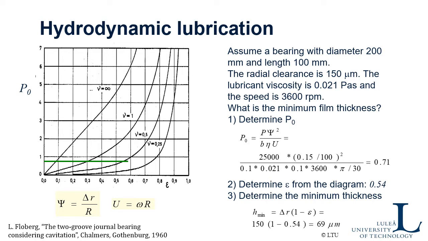Since we have a length to diameter ratio of 100 divided by 200, we use the curve of 0.5 here, and we use the 0.71 here, and we find that the relative eccentricity will then be 0.54.